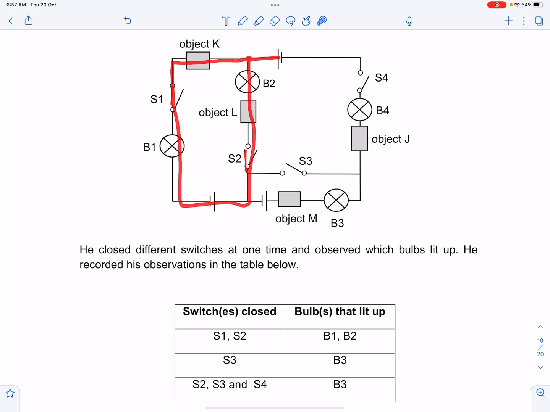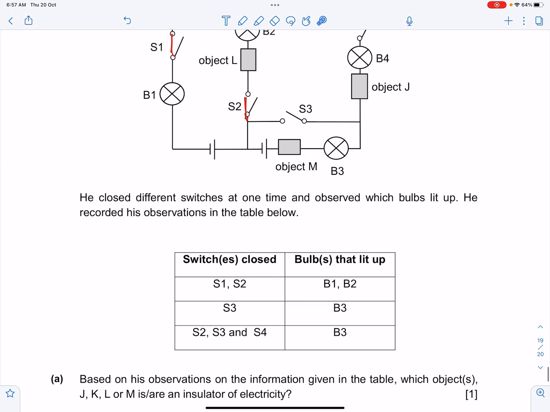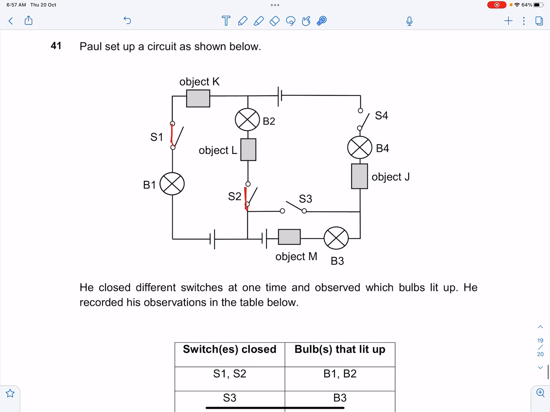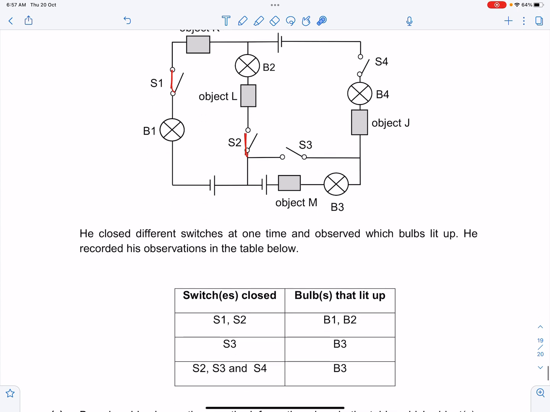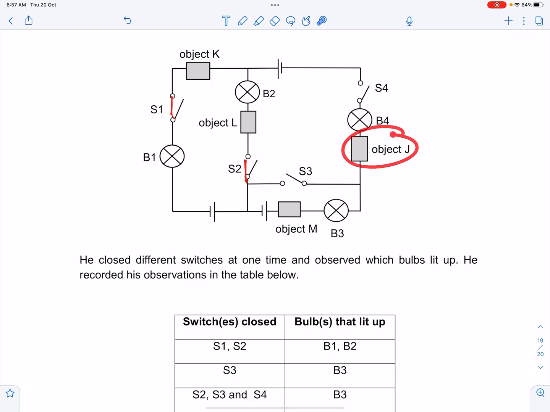I shouldn't get my bulb 1 lighting up, because this is the only way that from here my electric current needs to go through K. There isn't an alternative pathway for it, right? But in this case, they tell you bulb 1 and bulb 2 lit up. So very straightforward, I know that my K is not an insulator. But let's take a look at J.